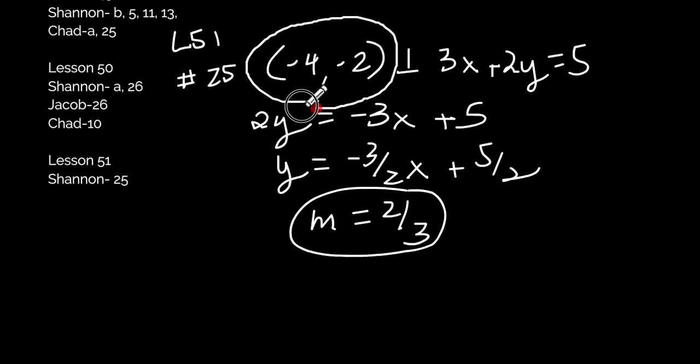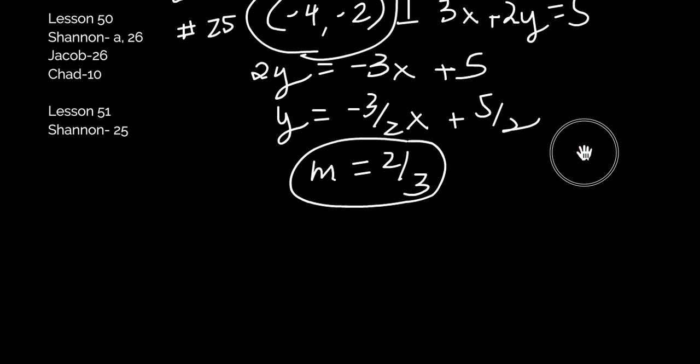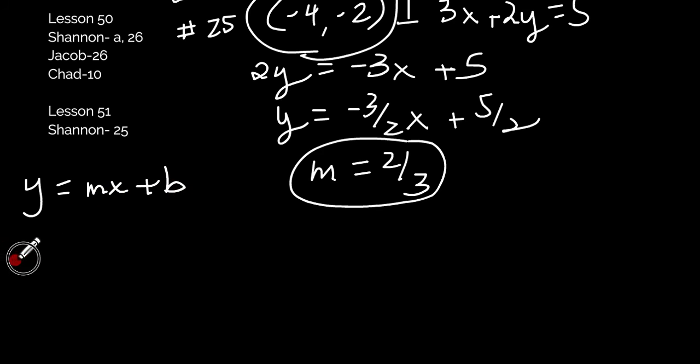We have a point and we have a slope, so we're going to find our b. So we do our friend y equals mx plus b. We have our point, which is -2 for the y, and then we have our slope, which is 2/3, and our x is -4. We can't get by without using negatives this time.